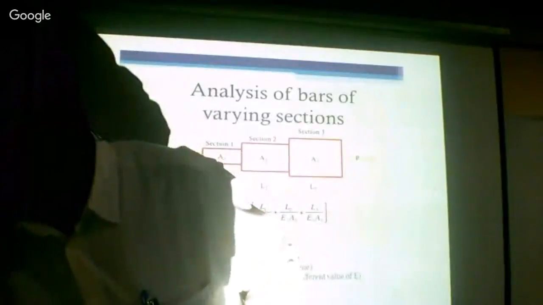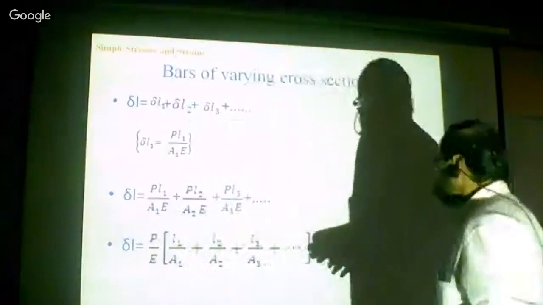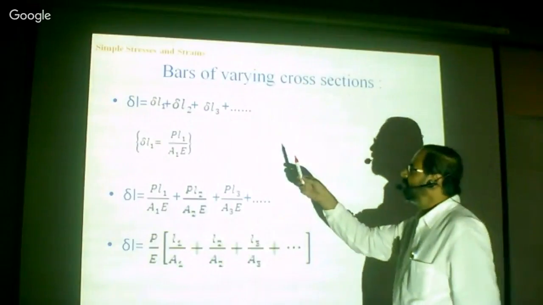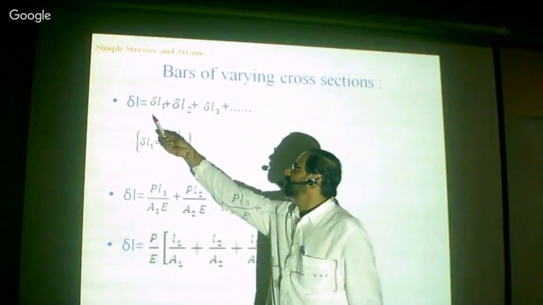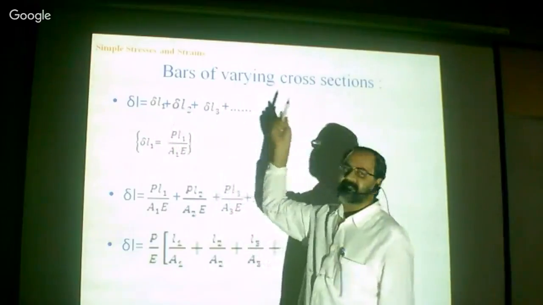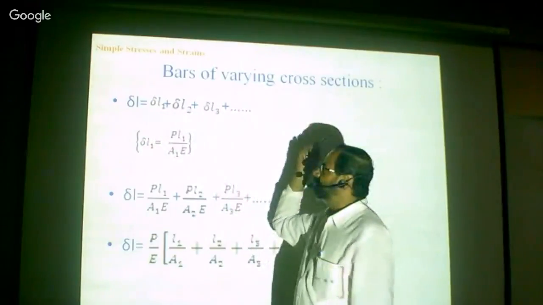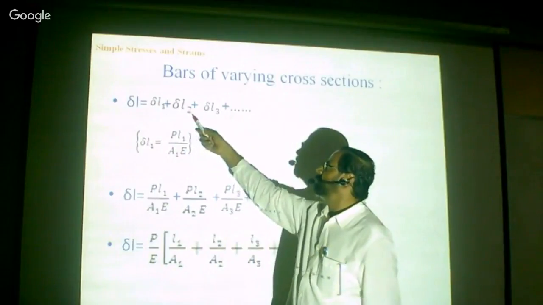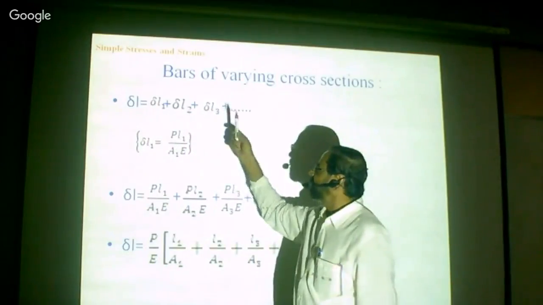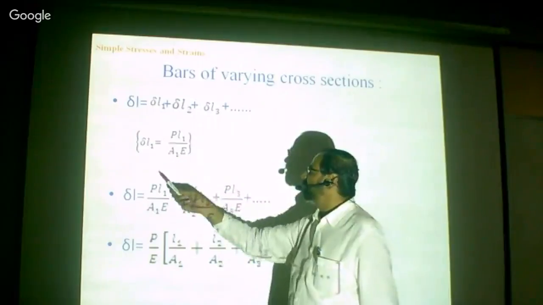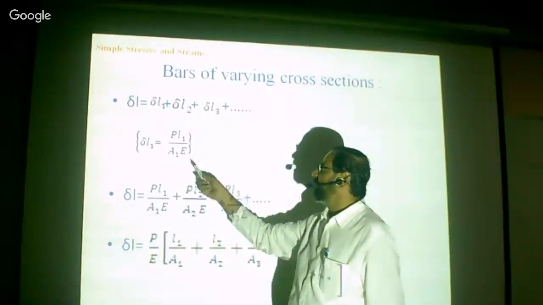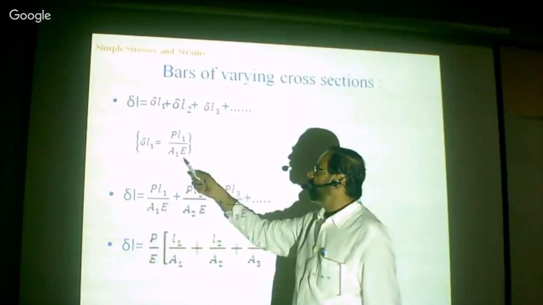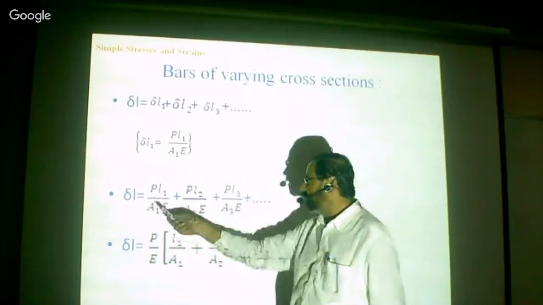This is what I have explained. Delta L is the total change in the bar: delta L1 for the first part, delta L2 for the second part, and delta L3 for the third part. We know delta L is equal to PL by AE, therefore delta L1 is equal to P L1 divided by A1 E1, and we substitute all these.